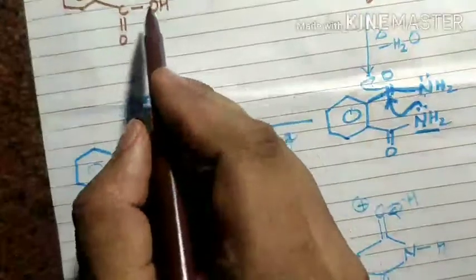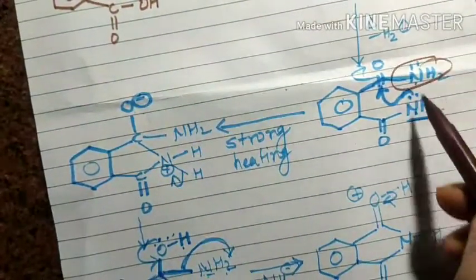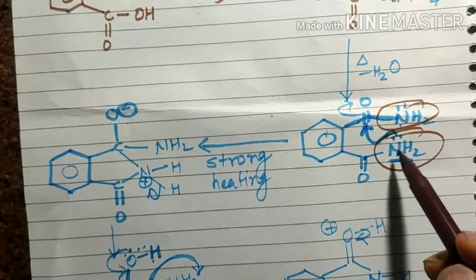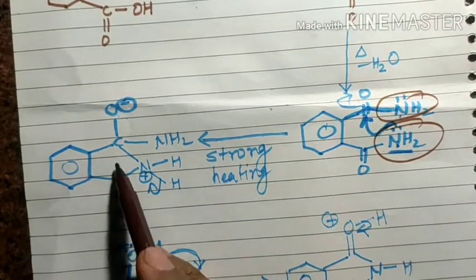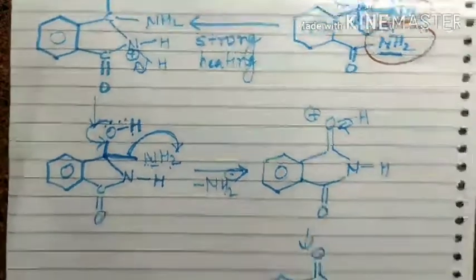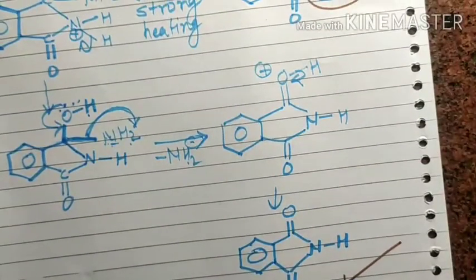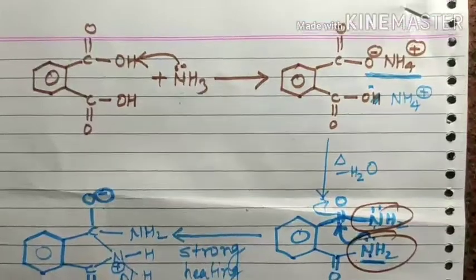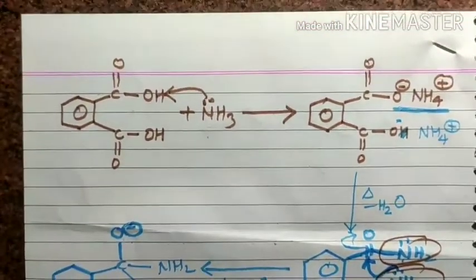The change is that with ammonia it changes into the amide, and in the amide one of the nitrogens acts as a nucleophile and attacks the other carbonyl carbon and changes into this structure. So this one is phthalimide, and this one is very important because in the next chapter you learn the phthalimide reaction. So just write this mechanism 2 or 3 times very carefully.